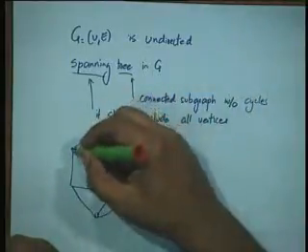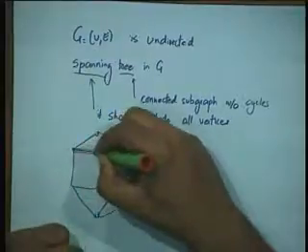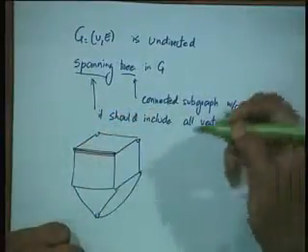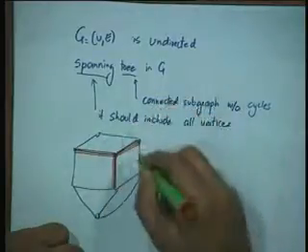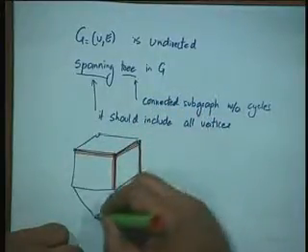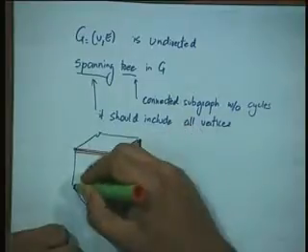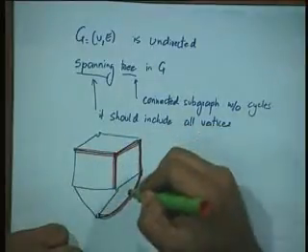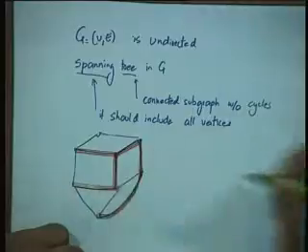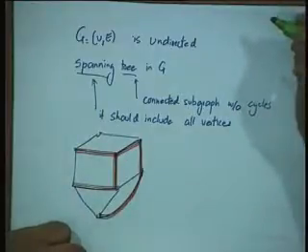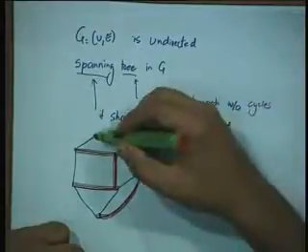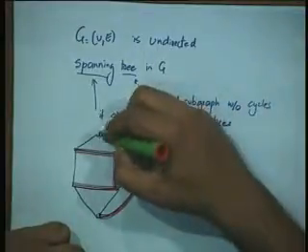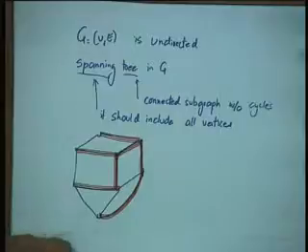Let us say I pick this edge, this, that, then this and this. Is this a spanning tree? No. This vertex is not included yet. So, I could pick one of the edges instead and take this to include this. This is a spanning tree.